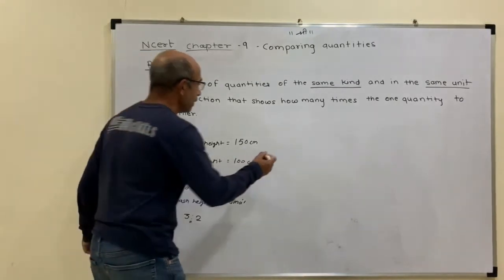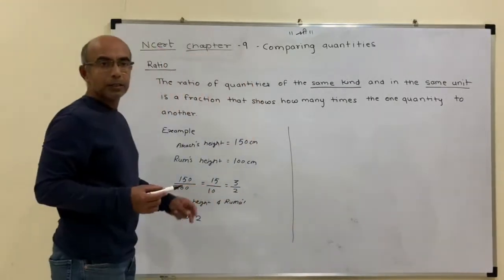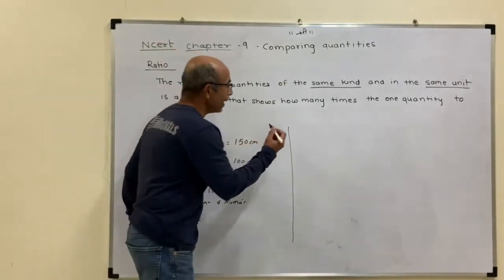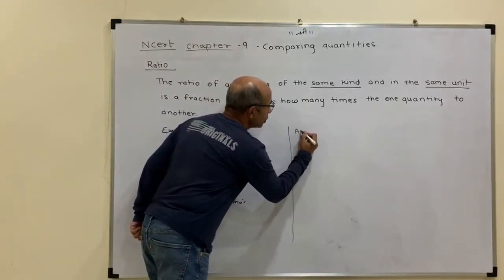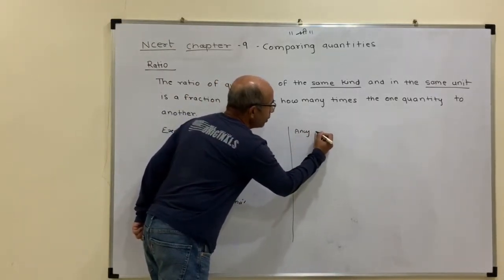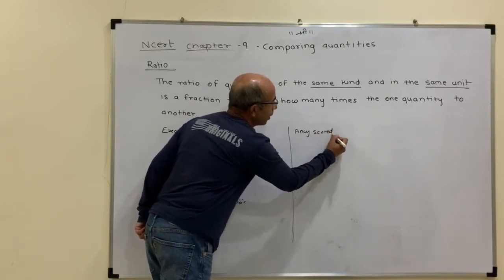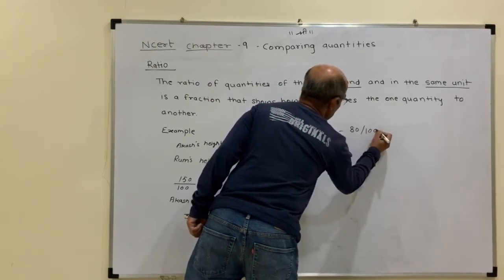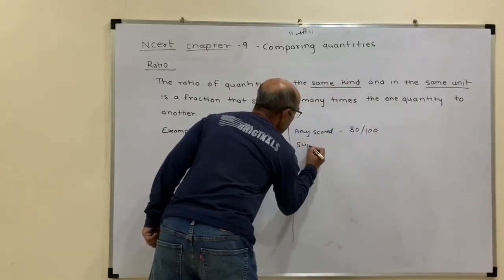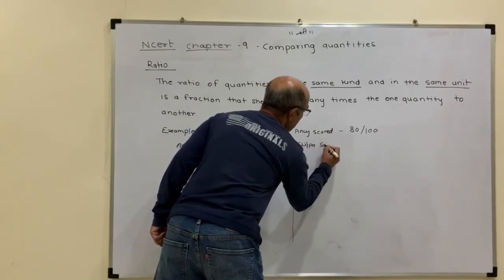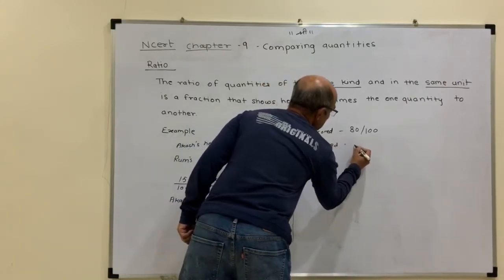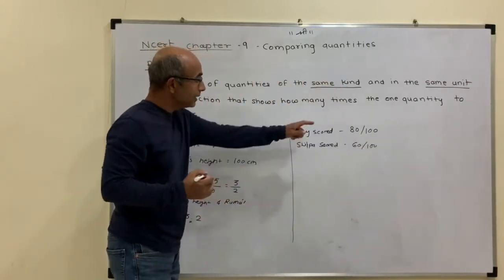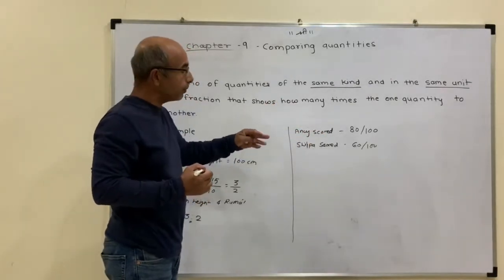Now let's understand. If I want to compare the marks scored by two students, say Anuj scored 80 marks out of 100 and Shilpa scored 60 marks out of 100. Now see, these are marks, marks of what?